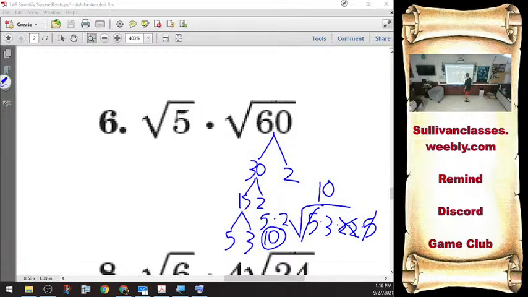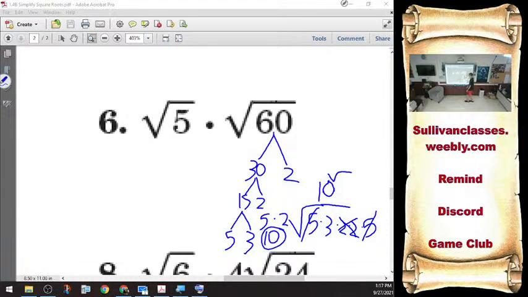Square root, right to the right of the 10, square root. No, that's squared. Square root, the sign, the big check mark thing. The symbol directly below it, the one that both the 5 and the 60 are in.